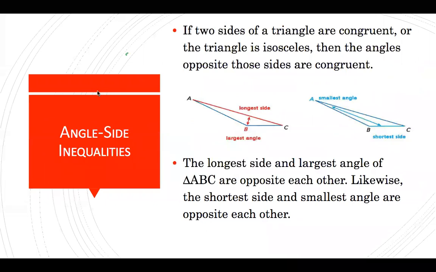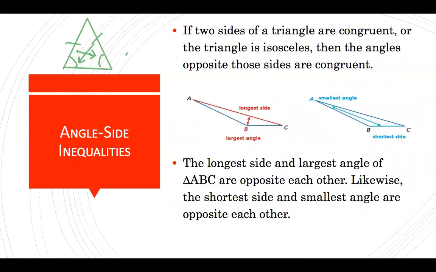Okay, if two sides of a triangle are congruent, then the angles opposite those sides are congruent, right? So that's our triangle base theorem, because we looked at that before. If we have this triangle and these two sides are congruent, then we know automatically that these angles are congruent based on the opposite sides. Well, the same thing applies not just for sides that are congruent, but when we talk about lengths of sides.